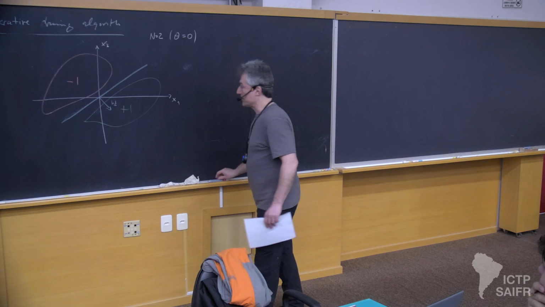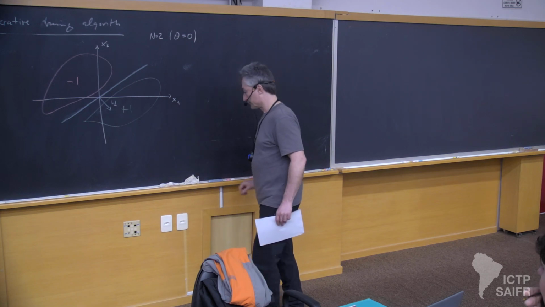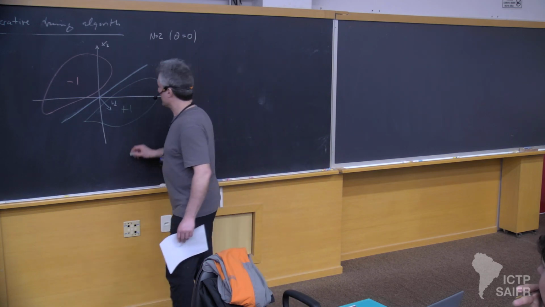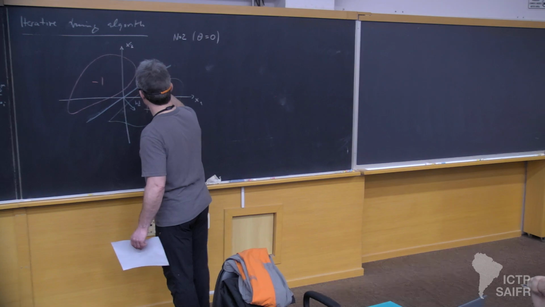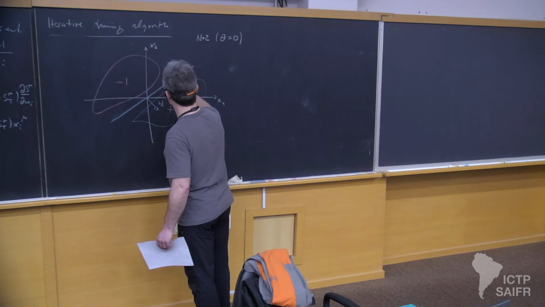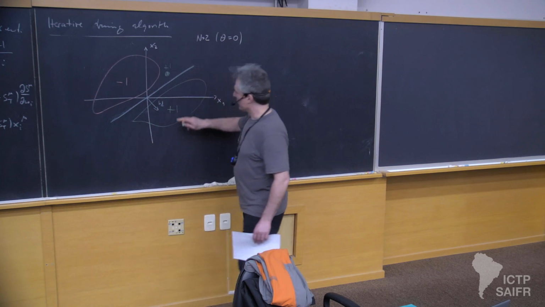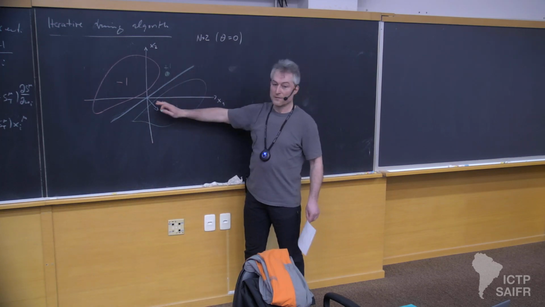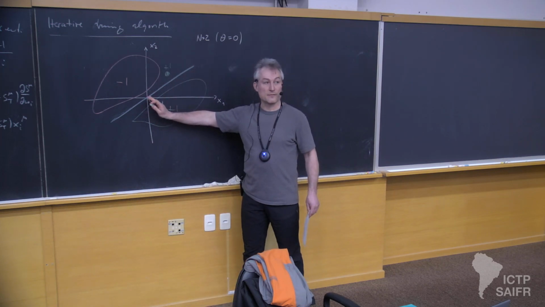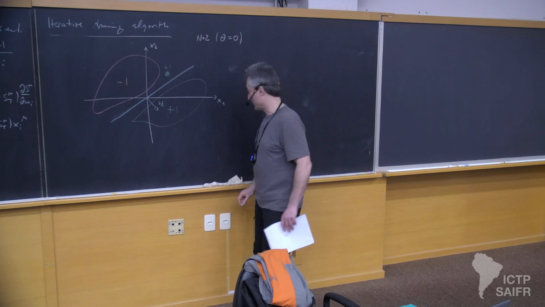And then we present an example to the network where, let's say, it's this one here. So here, this is a +1. So you see it's on the wrong side. With the current vector, the network would classify it as -1.